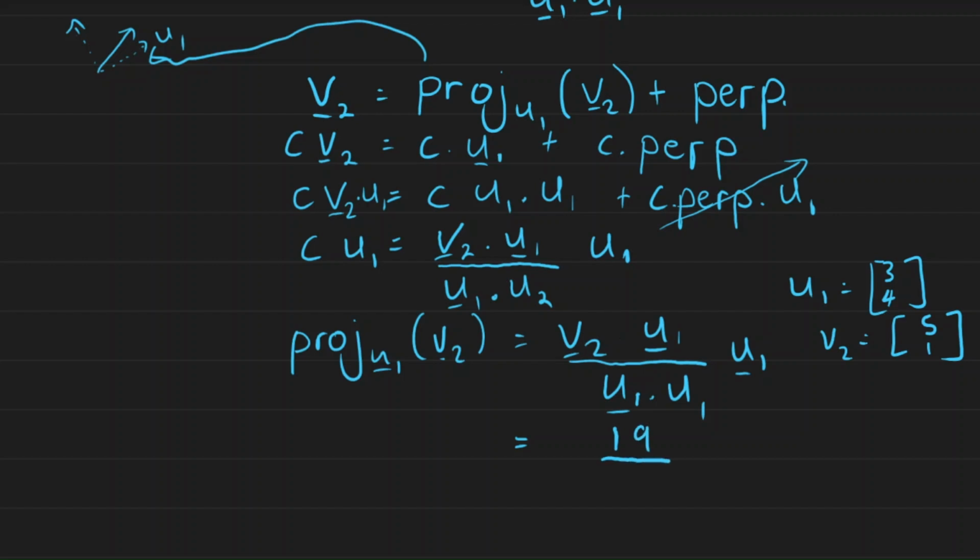Then I have u1 dot u1. So that is 3 times 3 plus 4 times 4, which is 9 plus 16, which is 25. Then 25 times u1. So u1 remains as is, that's 3, 4. So I have 19 over 25 times 3, and then 19 over 25 times 4. And that's going to give me a vector. So I just put it in decimal form. So it will be 2.28 and 3.04.